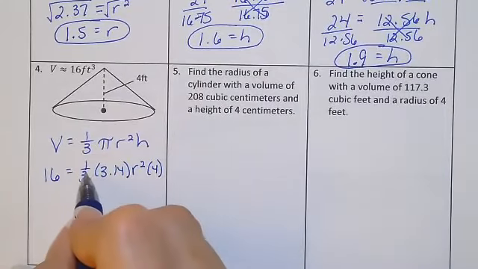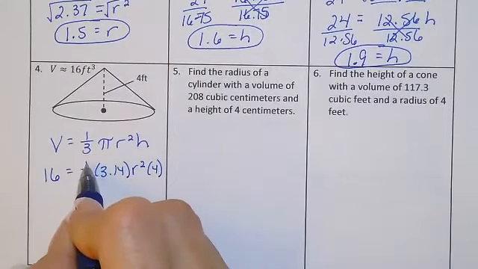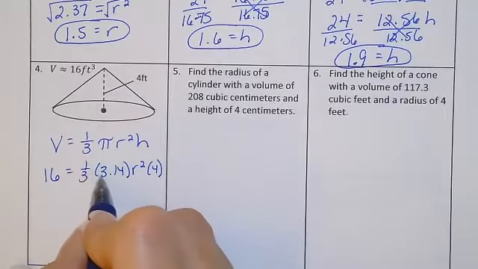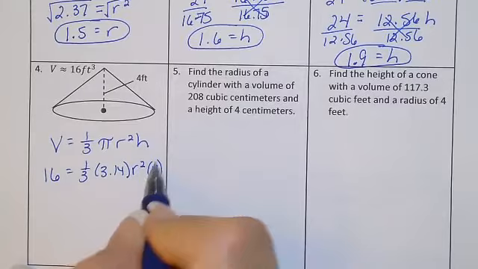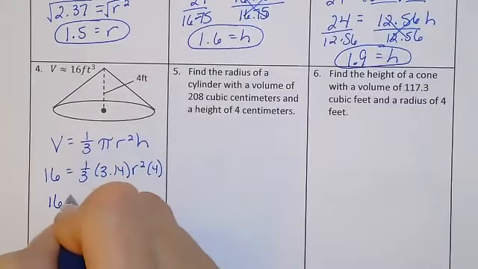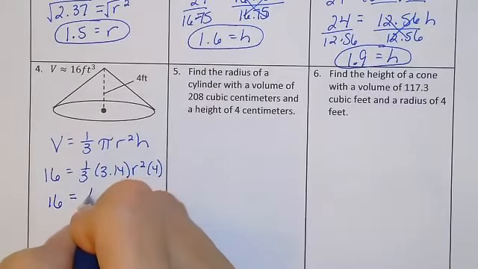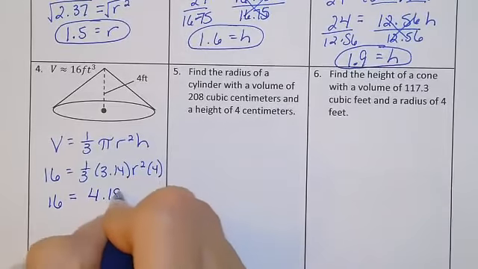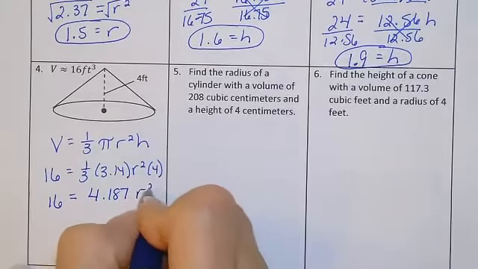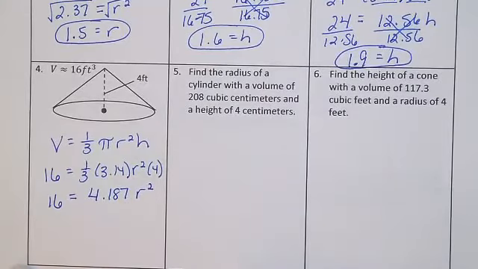Okay, so I am going to do 1 divided by 3 equals, multiply it times this and multiply it times this. So 16 equals 4.187 r squared.